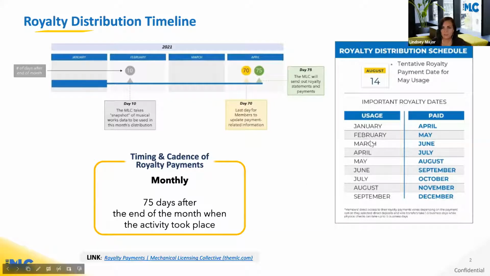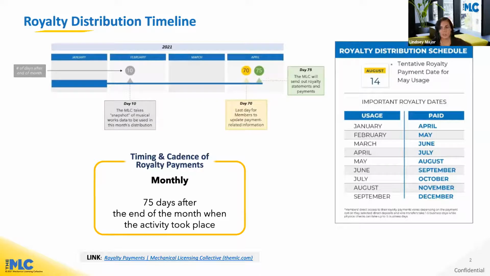We do have a section on our website that explains the royalty timeline and when you'll be getting paid. But essentially, if the usage happened in January, you got paid for that usage in April. That's 75 days after the usage happened. But you can see that we do pay out monthly. So it's important to understand those timelines as it relates to what and when you're getting paid.